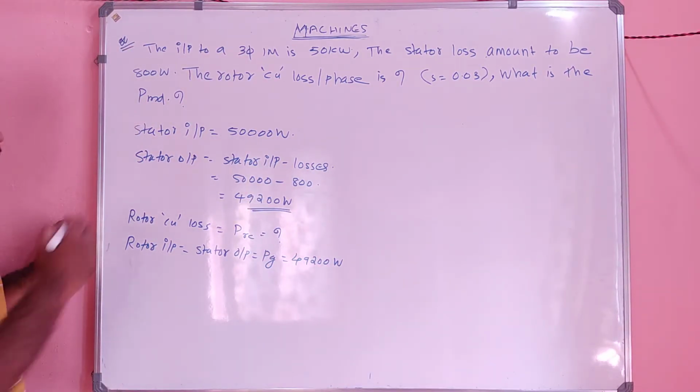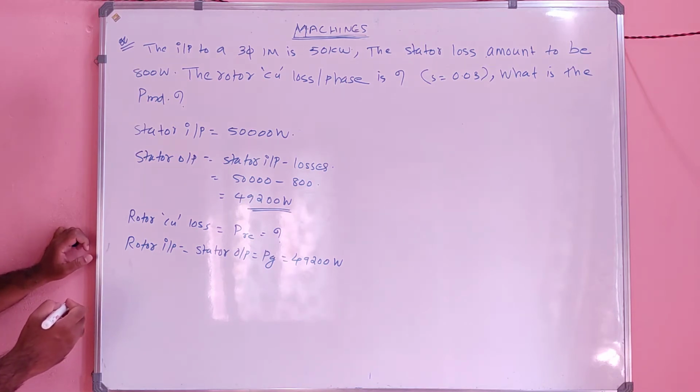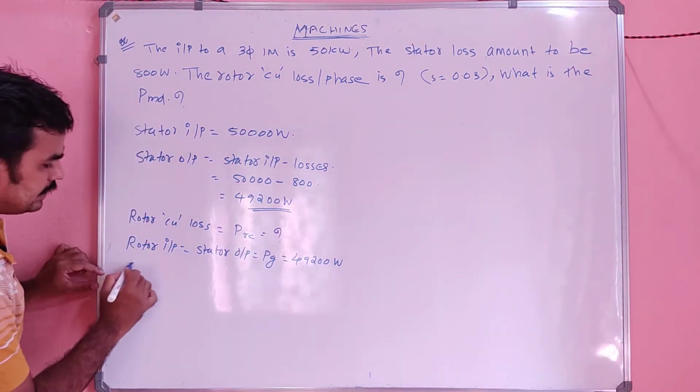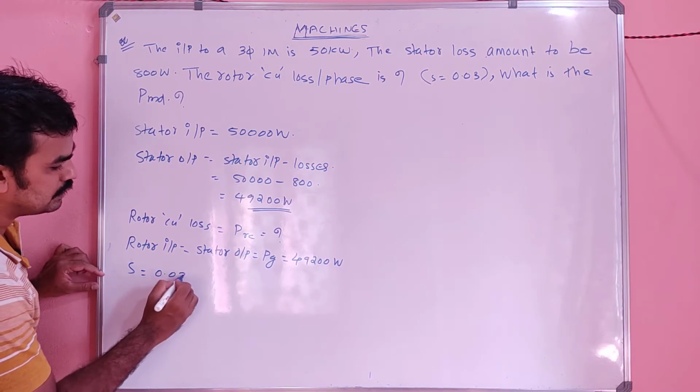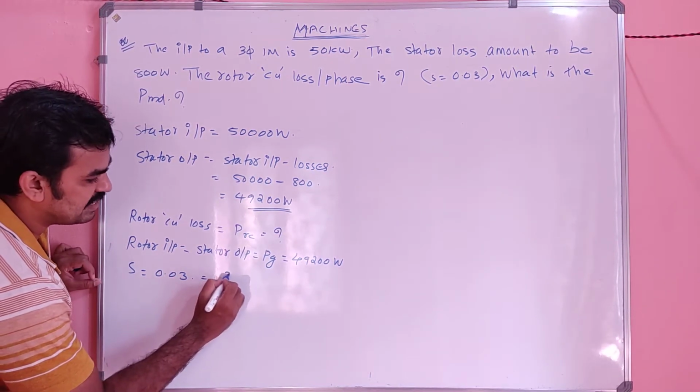What is S here? S is 0.03, or simply 3 by 100.